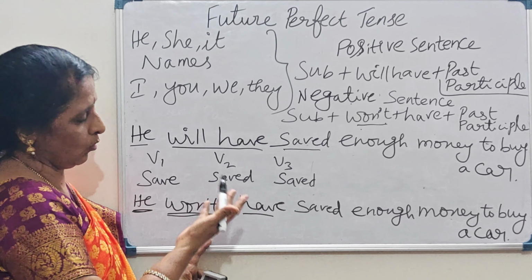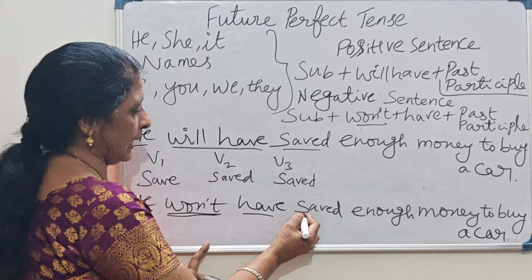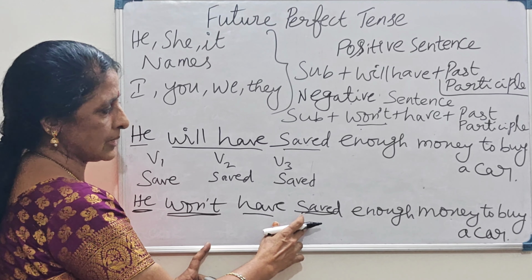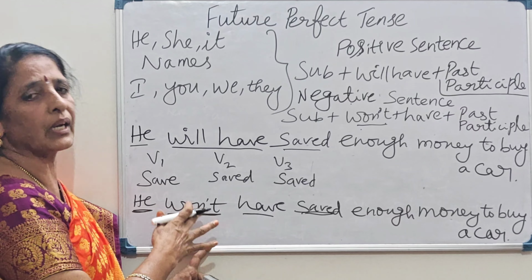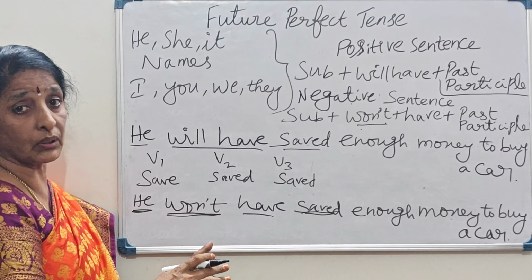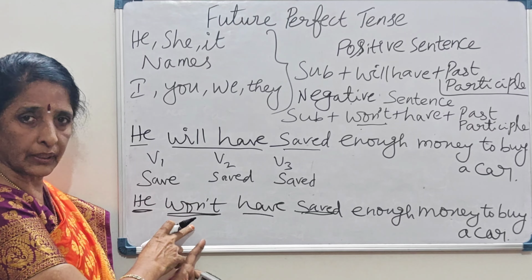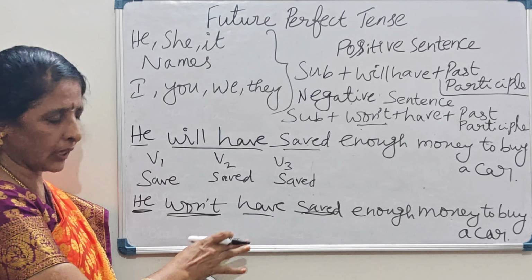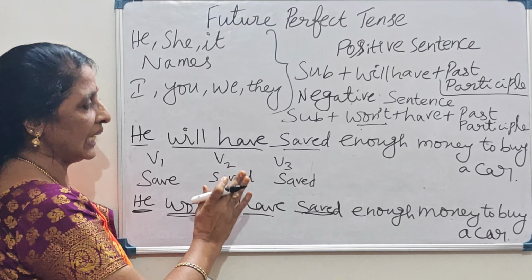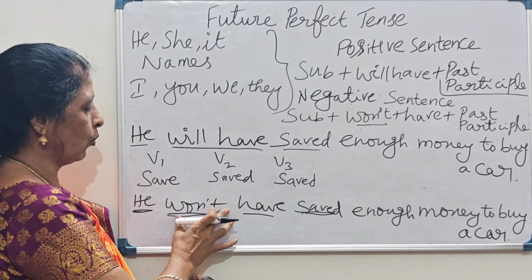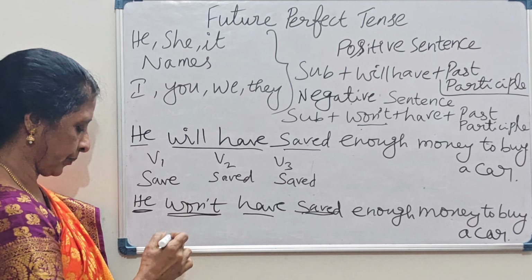Have saved, past participle saved. Here an action will not be completed by a specific time in the future. So he won't have, this is a negative sentence also. He won't have saved enough money to buy a car.